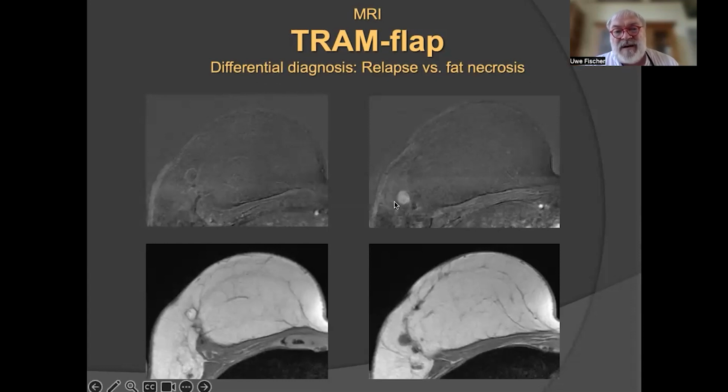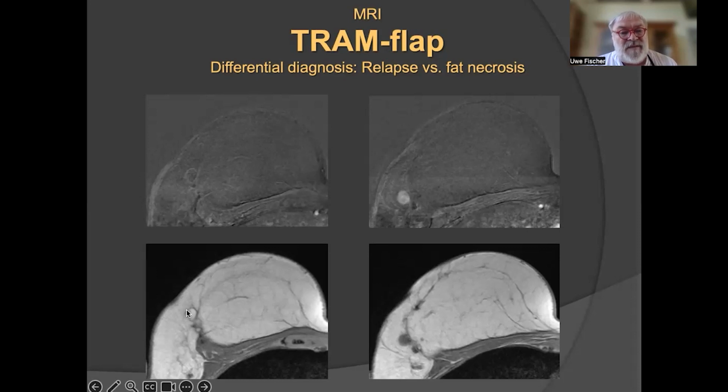There is a mass close to the implant with strong enhancement, and if we look at the T1 pre-contrast image, we see this is free of fat, so this is an enhancement of proliferating structure on the one side, and if you look at a similar constellation in the same breast close to the implant, we see something like a very small rim enhancement.